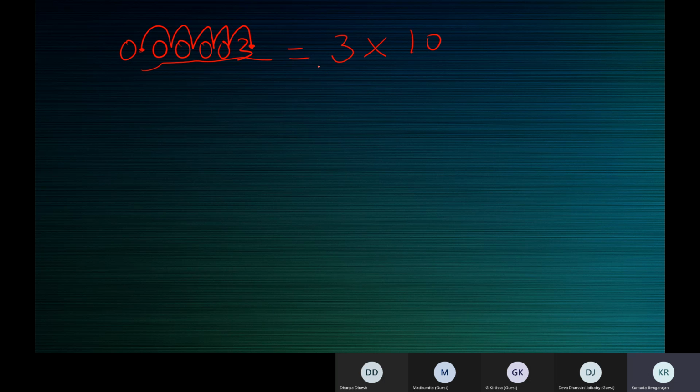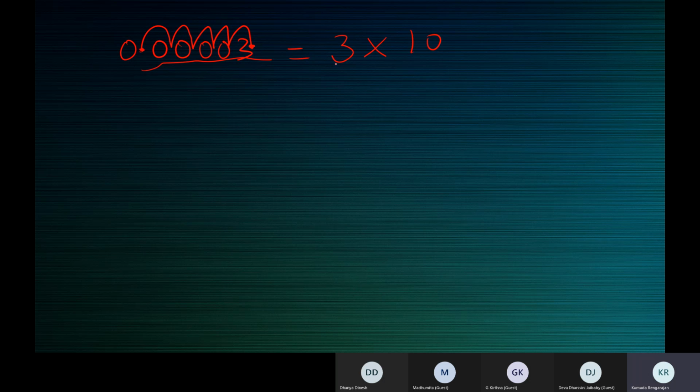Here, since the given number was very small, 0.00003, you made it big. You made it 3 now. You've increased its value, so raise it to a negative power, opposite effect. If you've decreased the value, positive power.